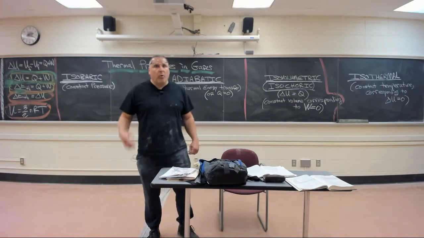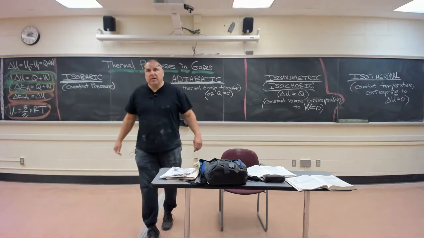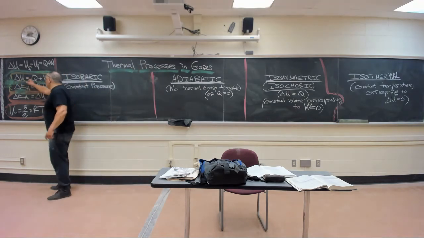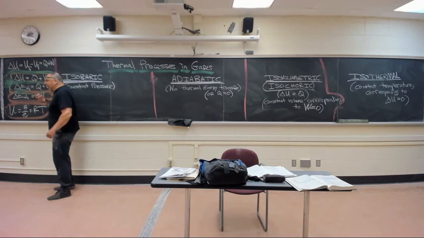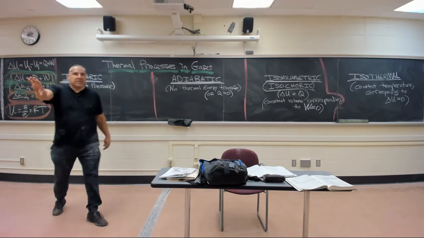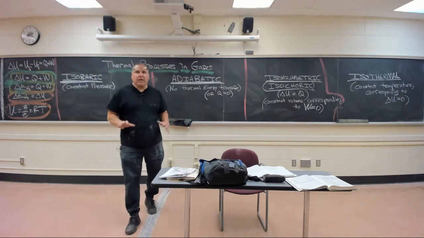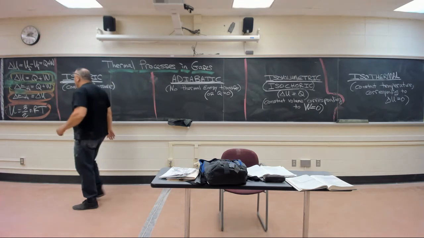But you can make up for it by transferring heat in. So if there was no delta U, and you did work to the outside, the internal energy inside the system ended up doing work to the outside, but if you add heat to it to compensate for what was done, there's no change in the internal energy.